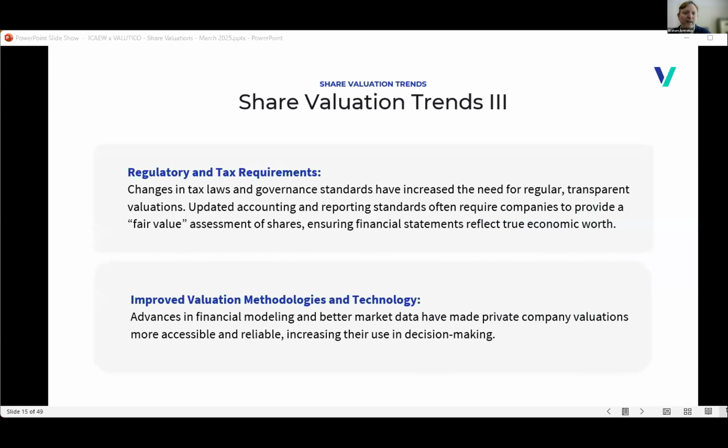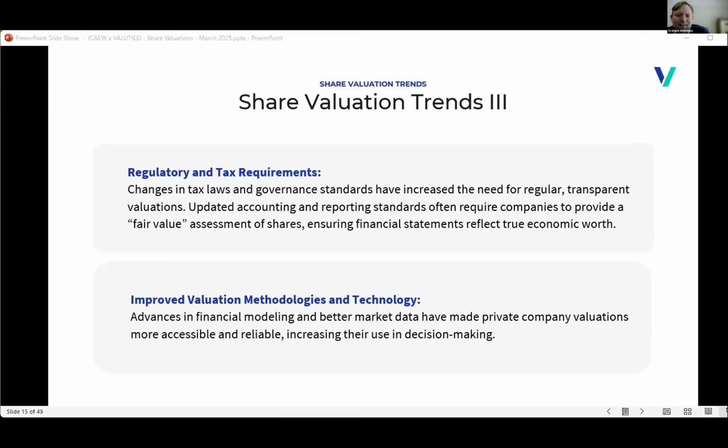But another key driver is the increasing focus on regulatory and tax requirements, changes in tax law and governance standards, both of which have heightened the need for regular and transparent valuations. Updated accounting reporting standards frequently require companies to provide a fair value assessment of shares to ensure financial statements reflect their true economic worth.